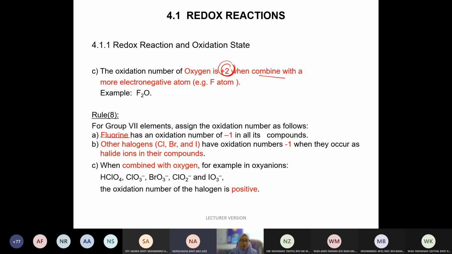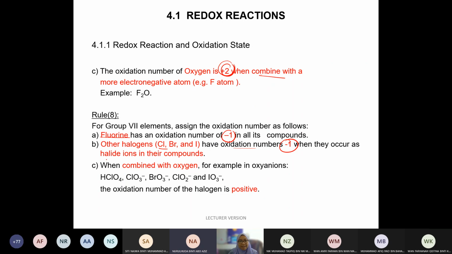Okay, so most electronegative group, I'm talking about group. So kalau fluorine dah the king of electronegative species, that means fluorine will always has -1 oxidation number. Okay, other halogen, dia pun sama, it will carries the -1 oxidation number, chlorine, bromine and iodine kan.